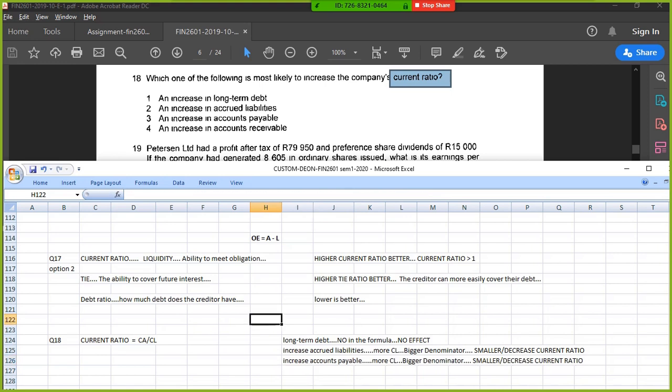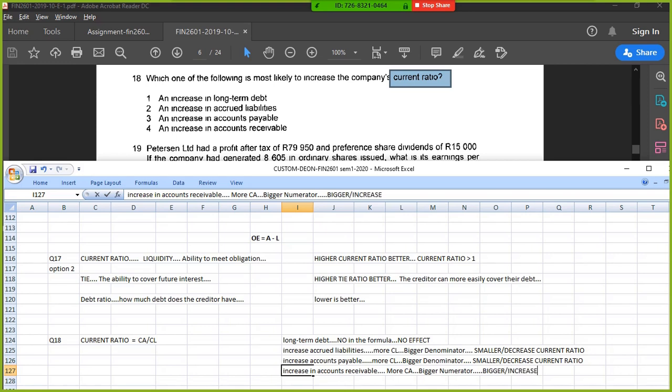Because it's going to increase your numerator. Very good. Increase in accounts receivable. What does that do to the formula? More current assets, bigger numerator, bigger answer.